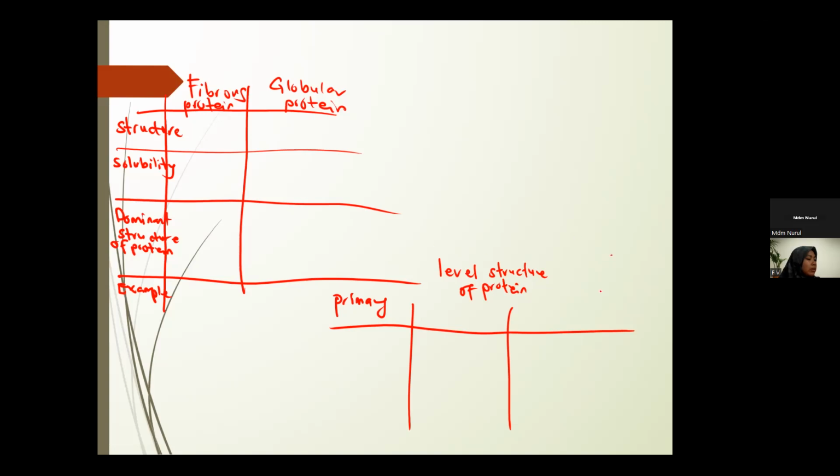So ni soal ini untuk level structure of protein, primary, secondary, tertiary, and quaternary. Yang atas ni ialah pasal types of protein. Okay, right. Okay, you can take picture if you want to and then sambung nanti lengkapkan table tu. Okay.